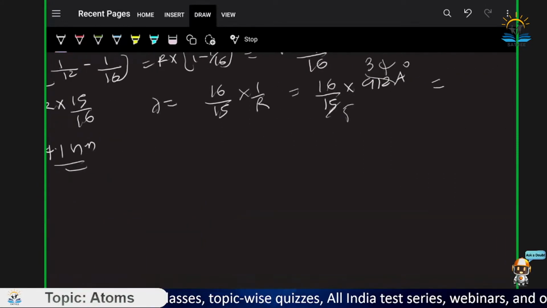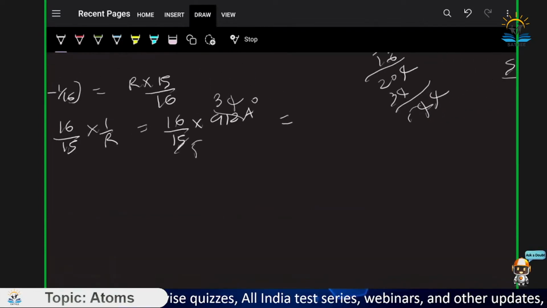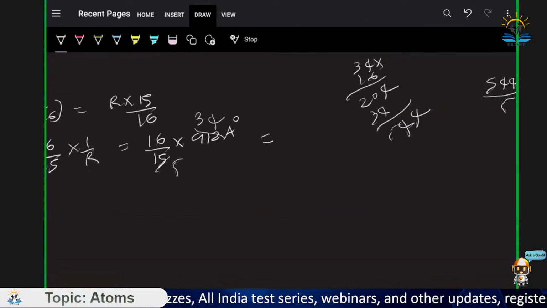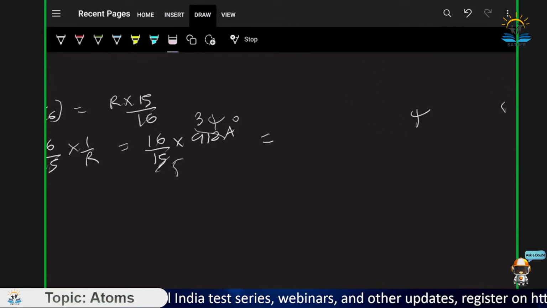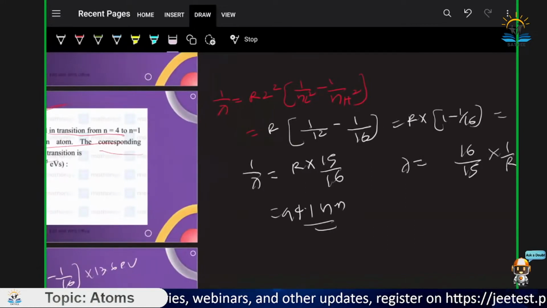I have to convert the unit with 10 raised to minus 1 because it is given in angstrom. And so the answer will be 94.1.